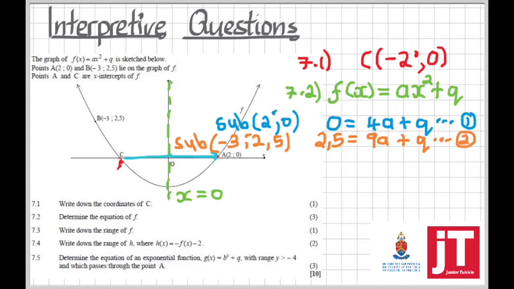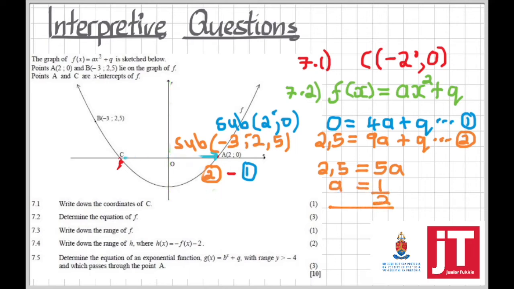That's my second equation. You should already see where we are taking this. We're going to solve them simultaneously by saying the second equation minus the first, giving us 2,5 equals 5a. Calculating the value of a, our a value is a positive half, which is consistent with what I'm seeing on the diagram.